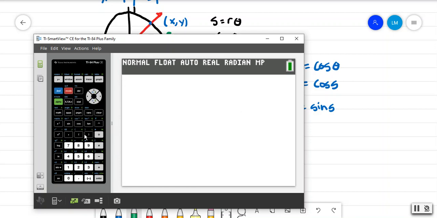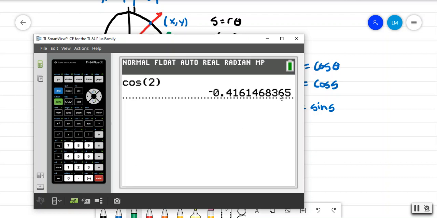So for example, let's say that you're looking at 2 radians. Well, 2 radians tells you that you have cosine of 2, and that's negative 0.42. Versus if you look at the sine function at 2 radians, you get 0.91.